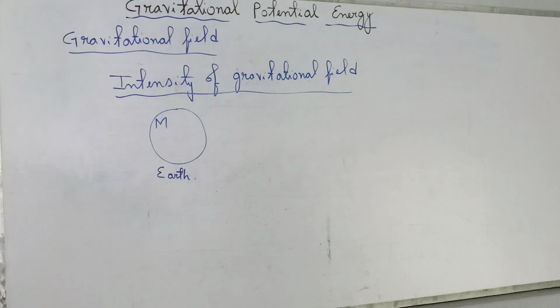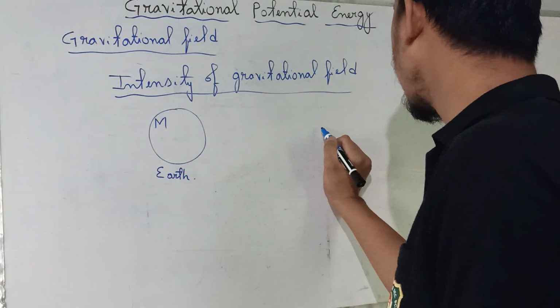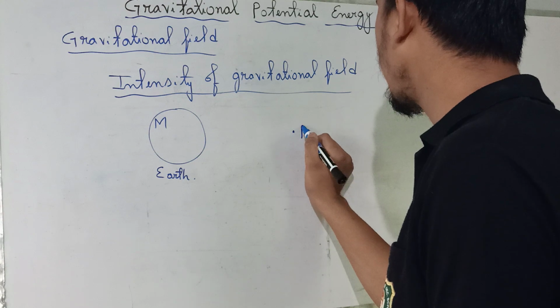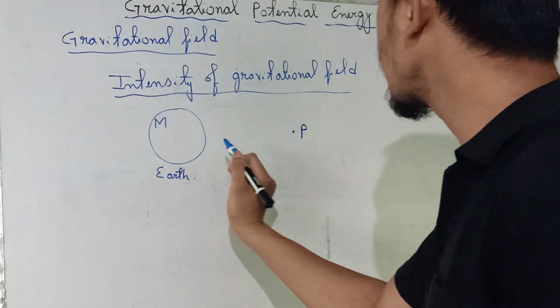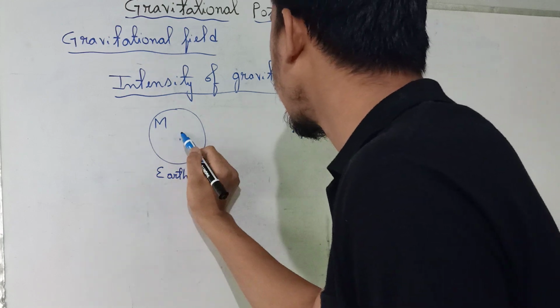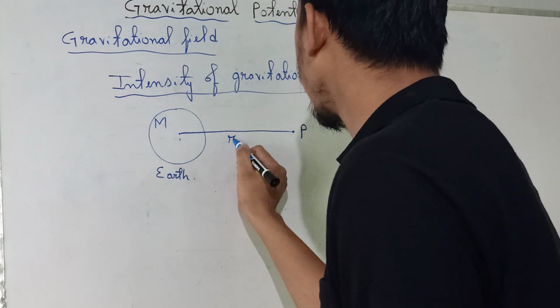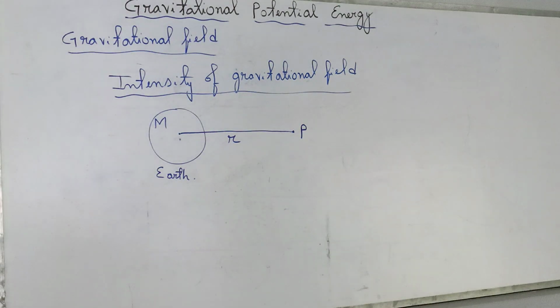Suppose we have to find out the intensity of the gravitational field due to the Earth at point P. So we want to find out the strength of the gravitational field due to the Earth at point P, which is at the distance r from the center of the Earth.